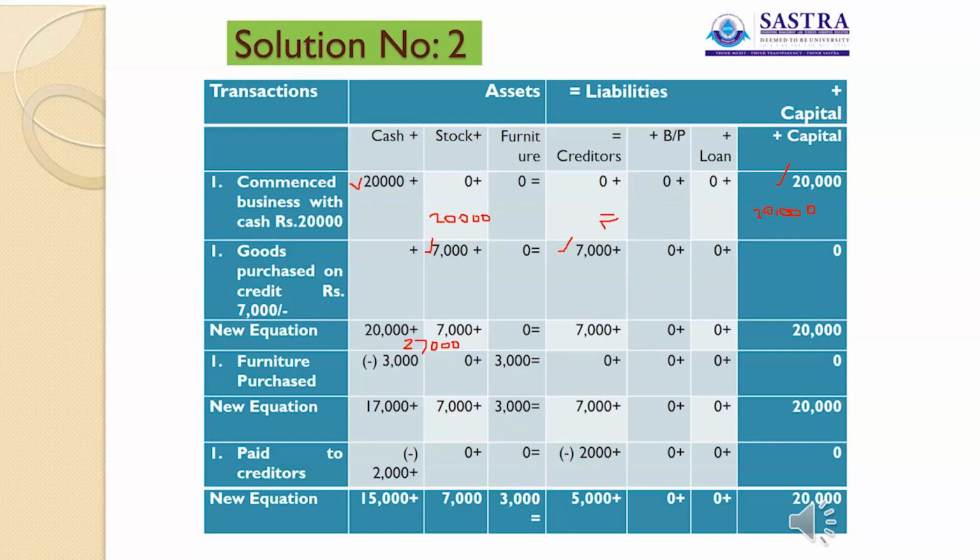Here liability side 7,000 plus 20,000, 27,000. So here accounting equation should be proved here. So in the asset side 20,000 plus 7,000 is equal to 27,000, which is equal with here also 7,000 plus 20,000, 27,000.